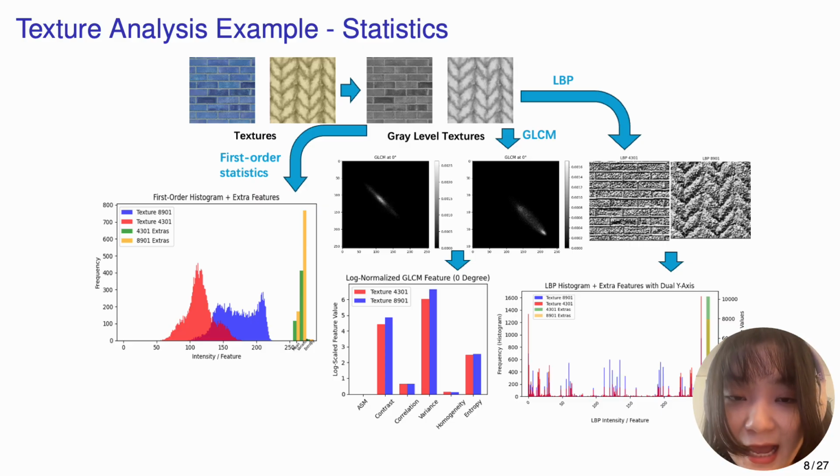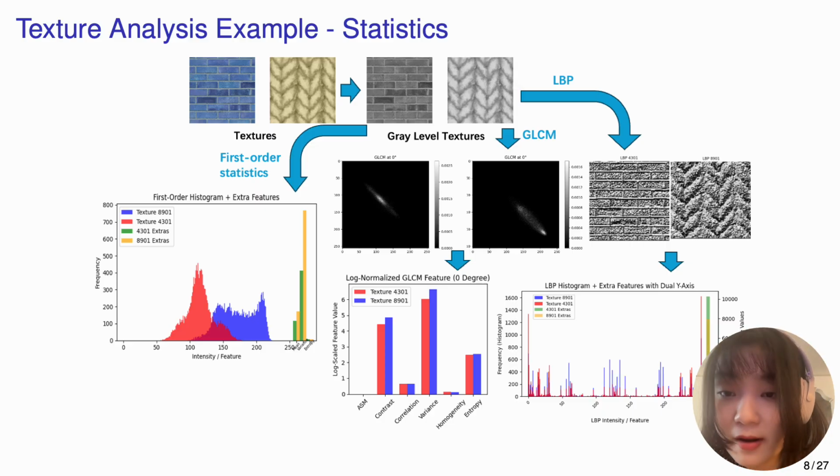For the second one, I use the gray level co-occurrence matrix to analyze the image in the 0-degree direction, and I get some highlighted spots. That's where the most frequent neighbor pairs appear together. And by analyzing the GLCM, I get a few different features like contrast, correlation, variance, and entropy.